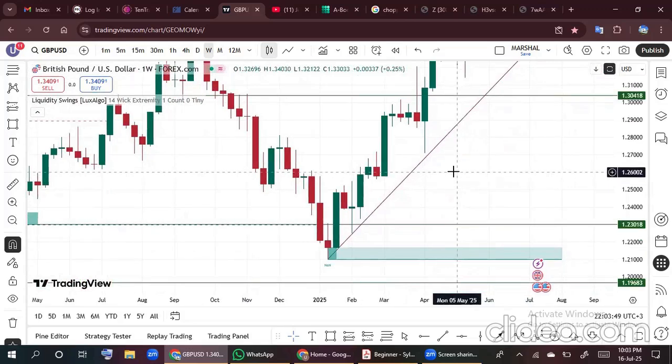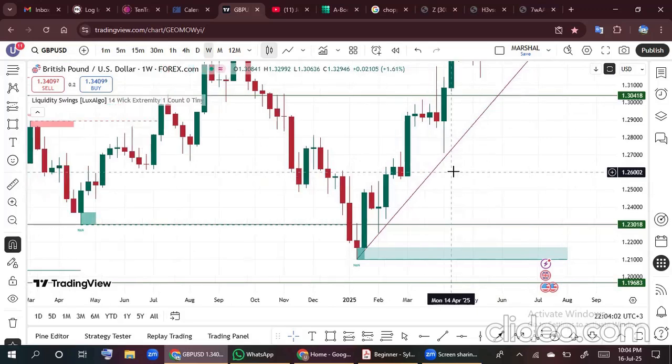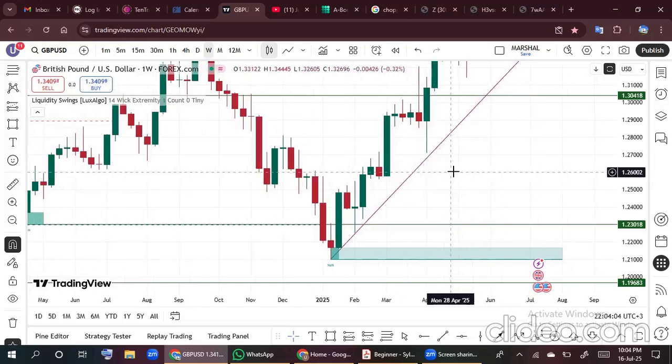Chart patterns and candlestick patterns are mostly relevant on key levels, support and resistance, and zones. I'll repeat it again. Candlestick formations and chart patterns are mostly relevant on key levels, support and resistance, or zones.